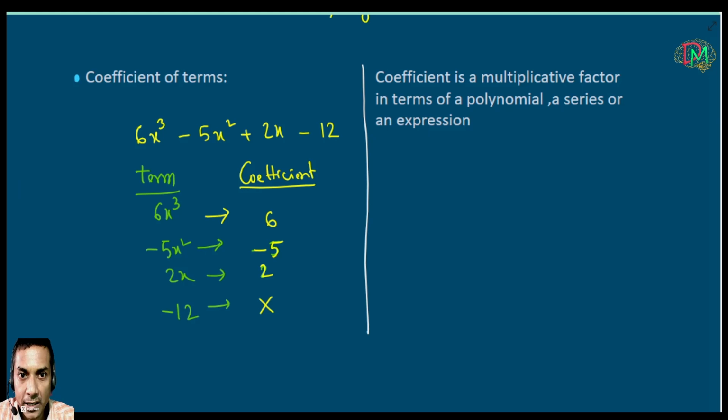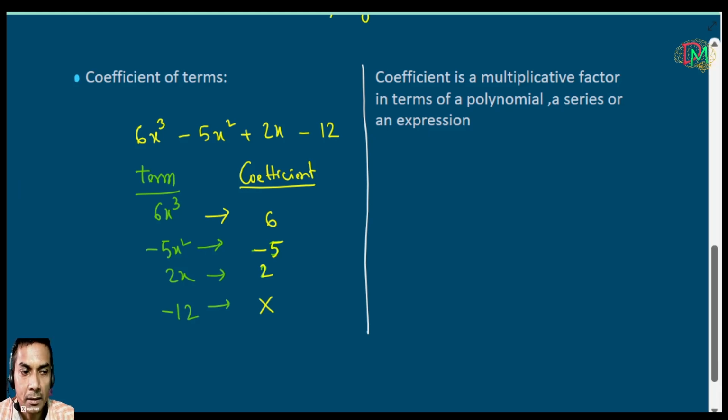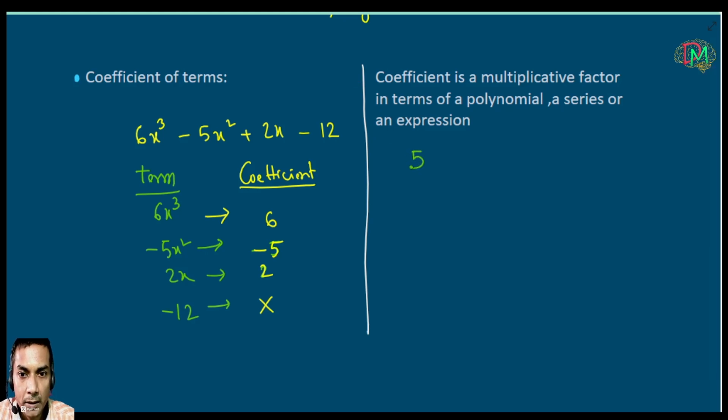So let's take another example. If I told you 5x square minus 5x square, and then we write plus root 2 x, and not x, it is considered as y, and then I consider another, which is actually the 2.